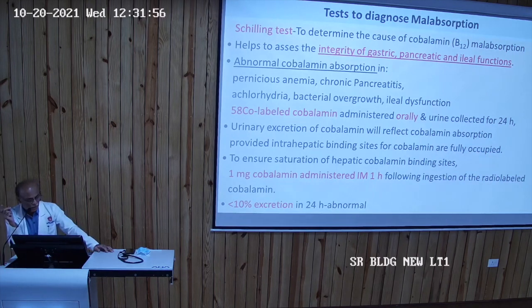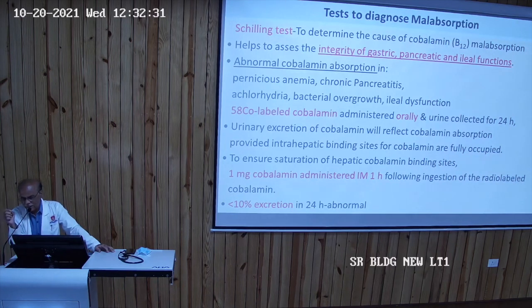So cobalt 58, which is radio-labeled cobalamin, is administered orally, and urine is collected for 24 hours. So we'll check for the radioactivity of the cobalt in the urine. Before that, we have to saturate our sites in the body. So urinary excretion will reflect the cobalamin absorption, provided the hepatic binding sites for cobalamin are fully saturated, fully occupied.